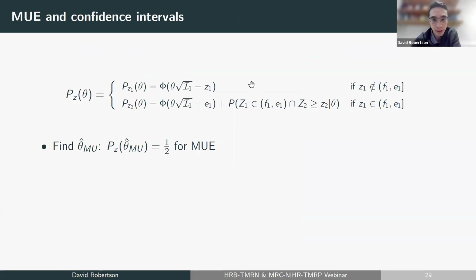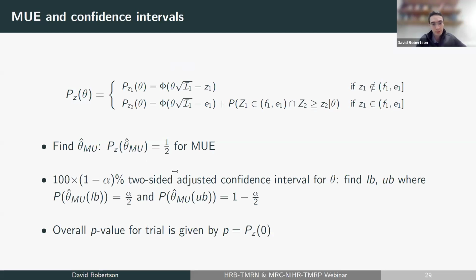Essentially, given that formulation, we can write out this p-value function, either if we stop early in the first stage, that's this first line, or we do continue to the second stage. And as already said, to find our median unbiased estimator, we then find the value of theta which gives the p-value function of a half.